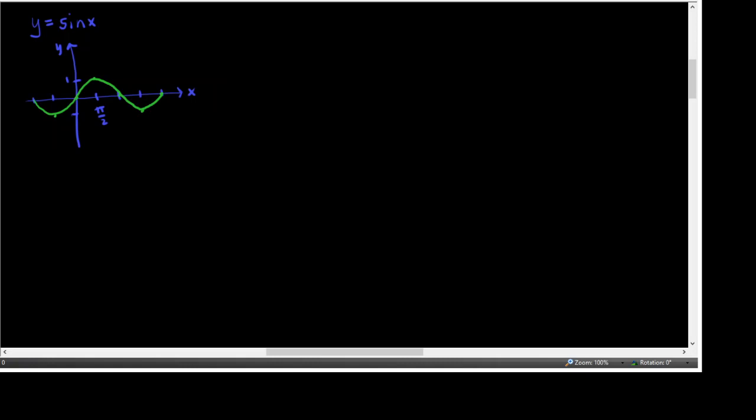So it's not one-to-one. And so there are 3 rules about how to restrict the domain of a function to make it one-to-one. Those rules are: 1, keep the entire range of the original function.